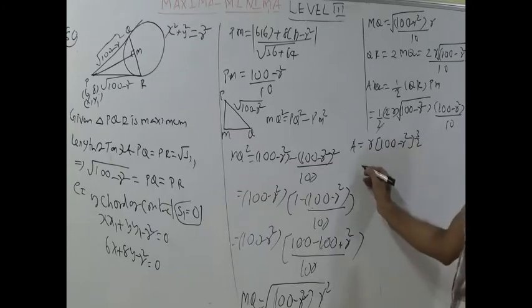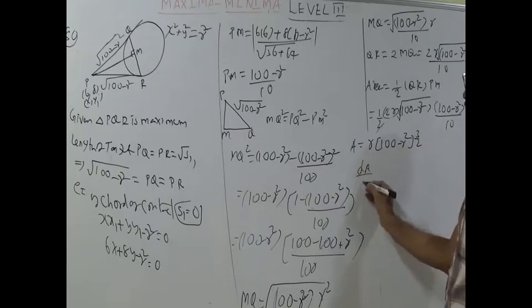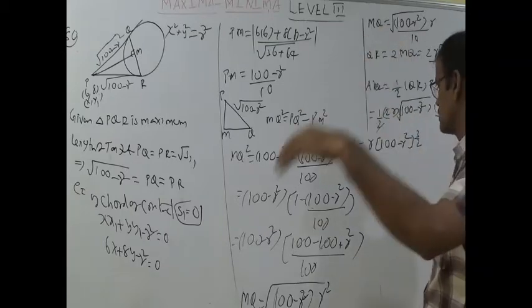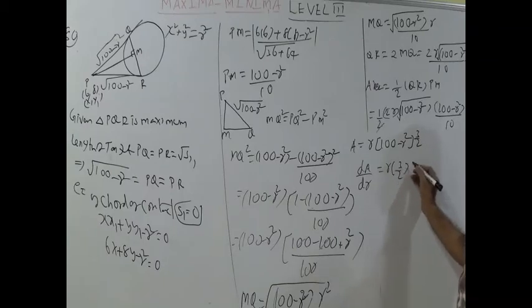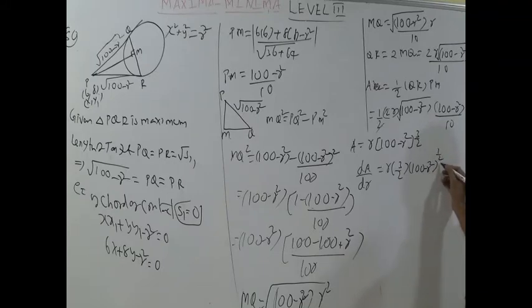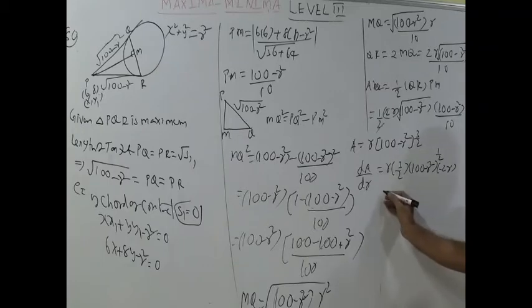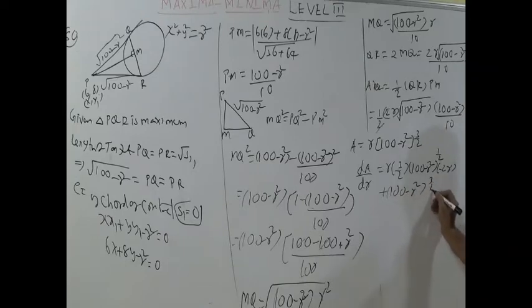We should calculate the radius to find out whether the area is min or max. R into, this is vu dash minus uv dash by v square. 100 minus r square whole power 1 by 2 into minus 2r plus 100 minus r square whole power 3 by 2 into 1 equal to 0.